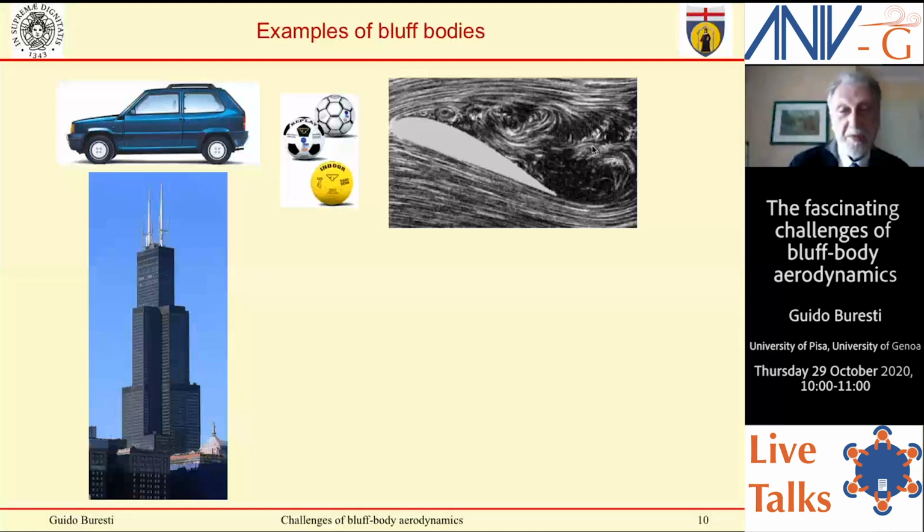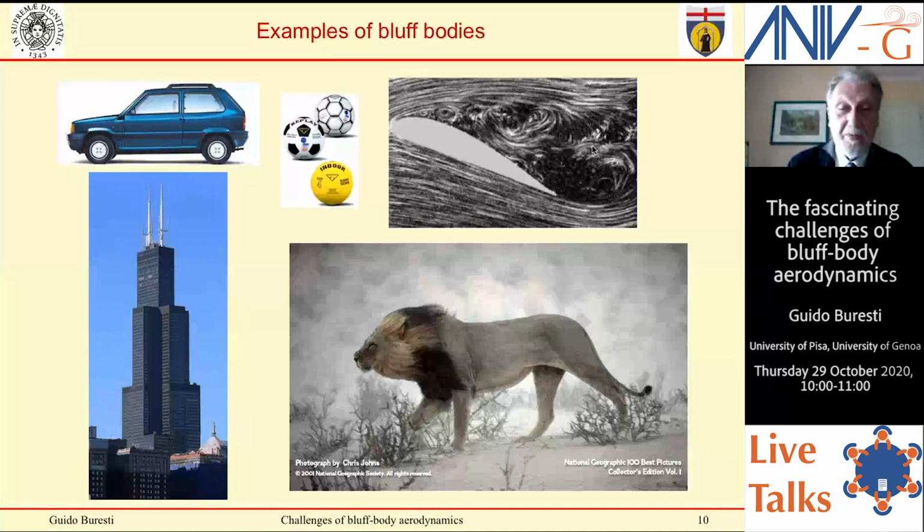And another example from the animal kingdom, actually an example of fluid-body interaction, as you see here on the mane of the lion, and you see a very nice separation here. This is a recirculation, and here it's going up.